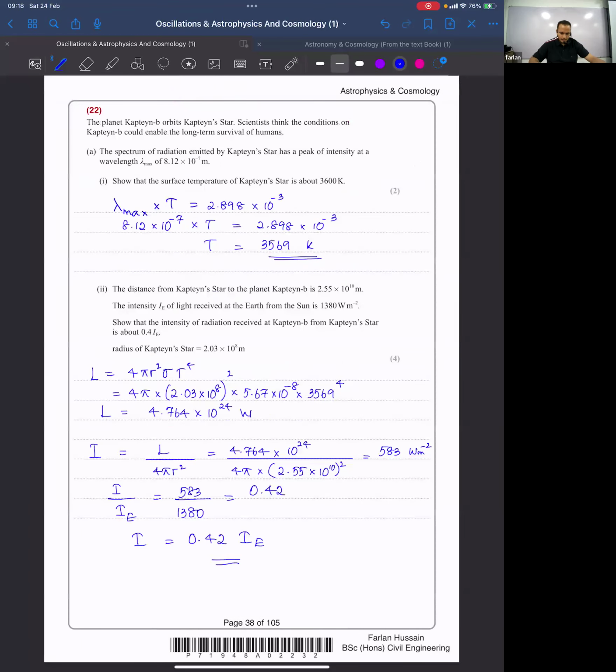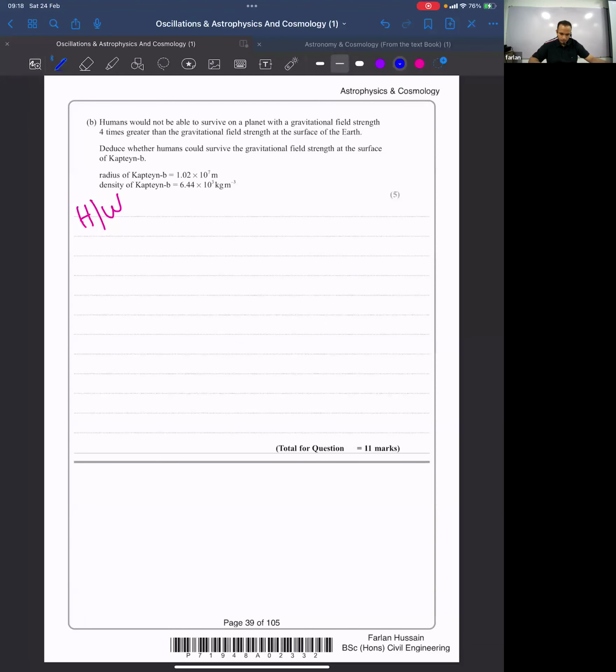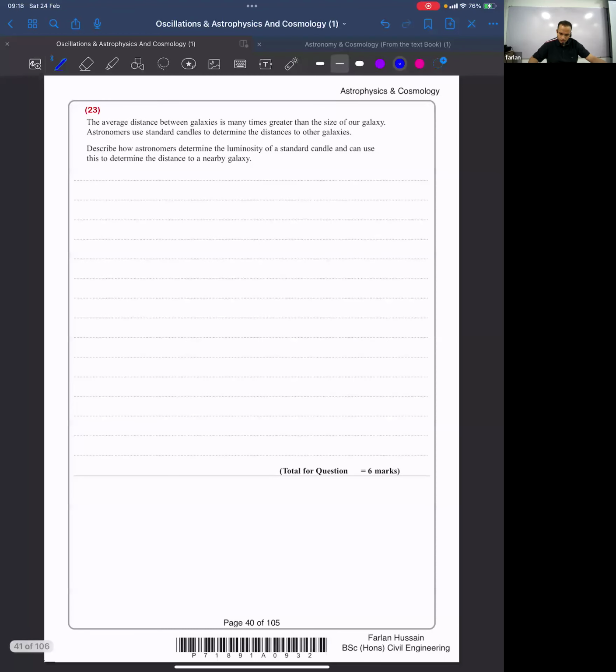Then turn to page 40, question 23. Same thing they have given for a 6 marker, but slightly different. Read the question. The average distance between galaxies is many times greater than the size of our galaxy.